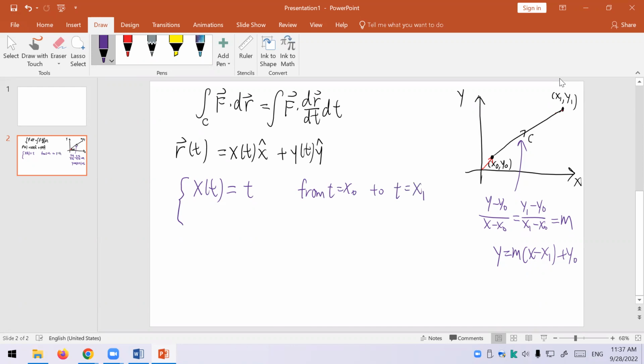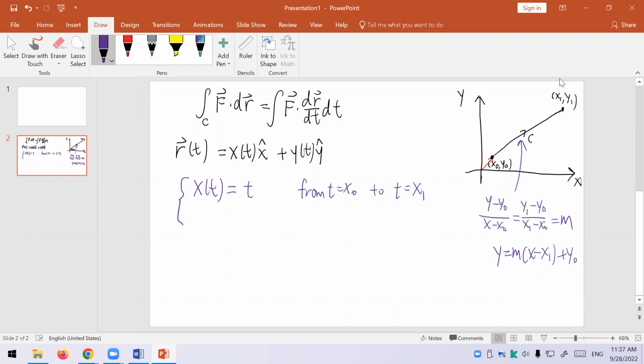If you really think of t as time, then you will find it strange that I say time is some position. But as I said, t is just a mathematical parameter. It does not necessarily have to mean time.